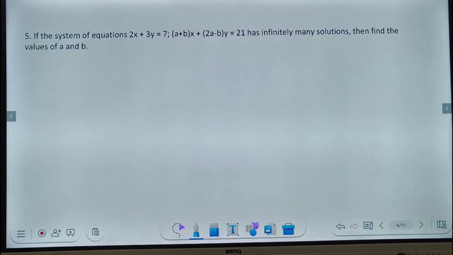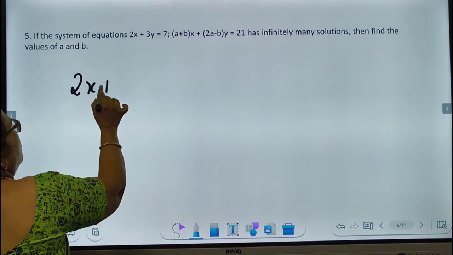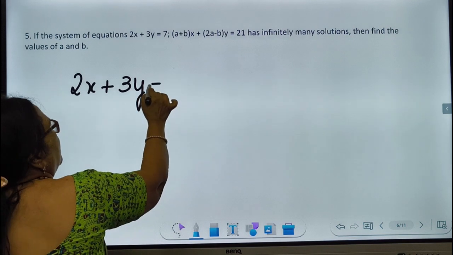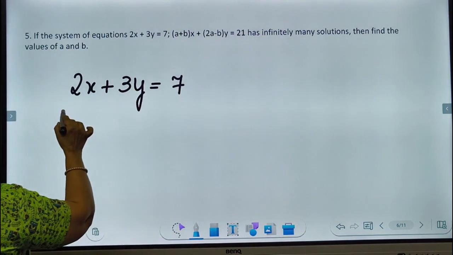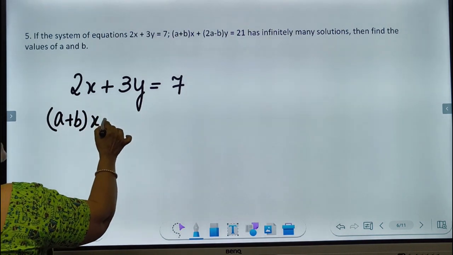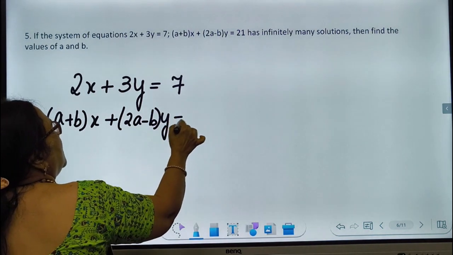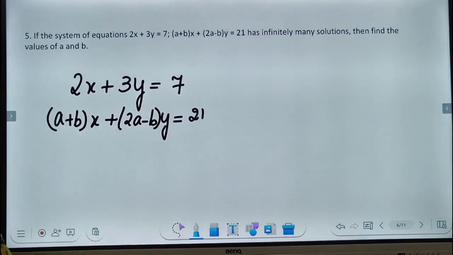Next problem, if the system of equations has infinitely many solutions, find the values of a and b. The first equation is 2x plus 3y equal to 7. The second equation is (a plus b)x plus (2a minus b)y equal to 21.